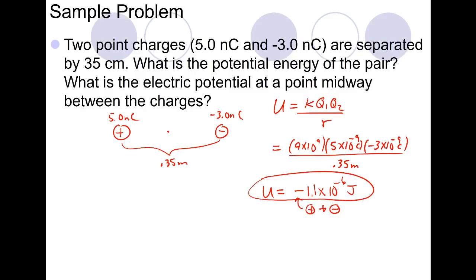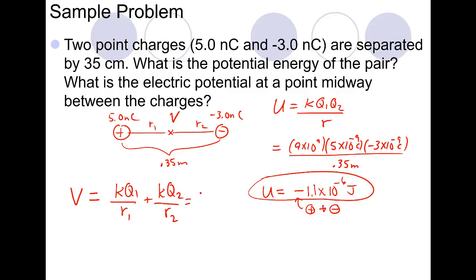Okay, what is the electric potential, V, at a point midway between the charges? Now, potential is different from field, and it's different from energy. To find the electric potential at that point in the middle, I'm going to have to add things up: k Q1 over r1 plus k Q2 over r2. Since we're in the middle, r1 and r2 are the same, 0.175.